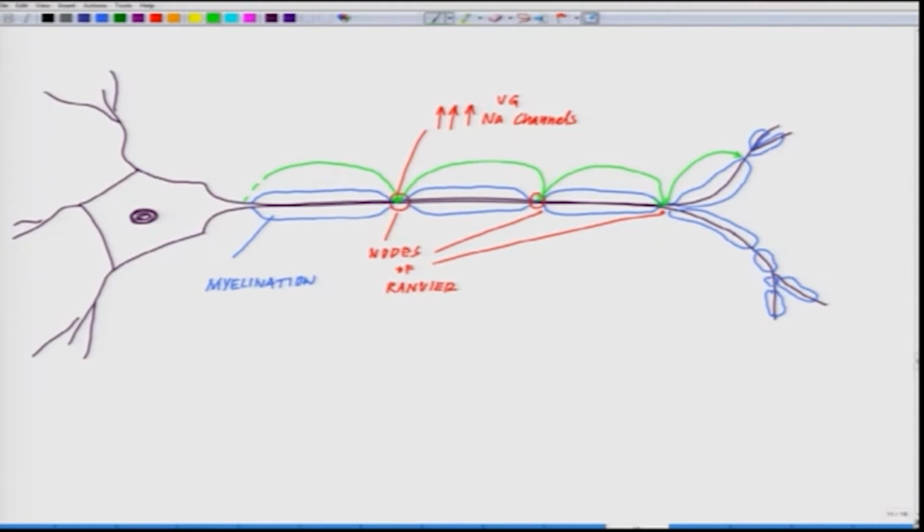Now, the action potential could have traveled all along like this if the myelin cover were not there.